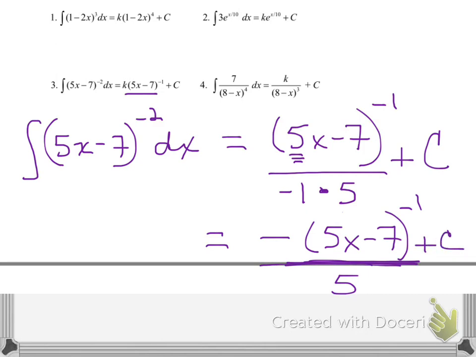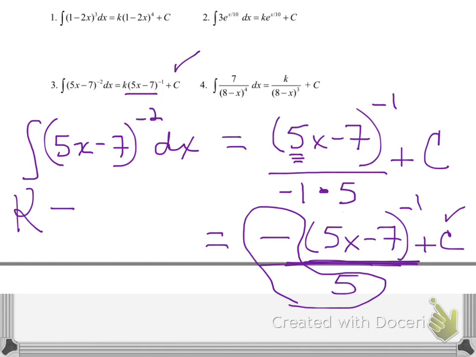Alright, so now we're going to compare. We both have the c's, we both have 5x minus 7. What does k equal? K must be -1/5. So in this situation, k equals -1/5. Alright, I'm going to erase this and we're going to go to the next, number 4.